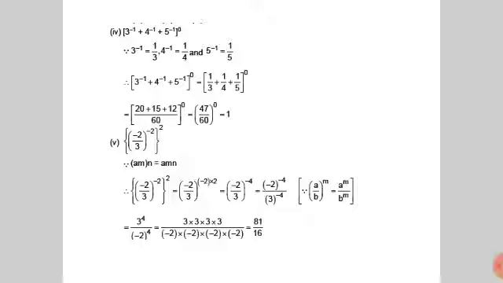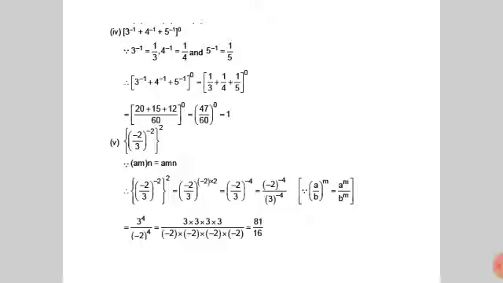3 power 4 divided by minus 2 power 4. 3 into 3 into 3 into 3, and minus 2 into minus 2 into minus 2 into minus 2. 3 3s are 9, 9 3s are 27, 27 3s are 81. 2 2s are 4, 4 2s are 8, 8 2s are 16. The power is even, so take a positive, since an even power of a negative symbol gives a positive integer.